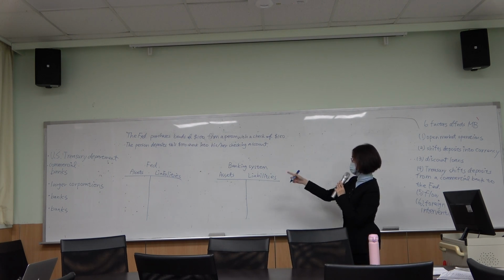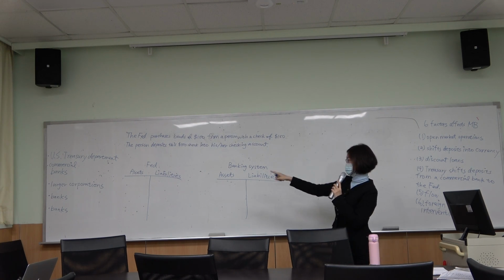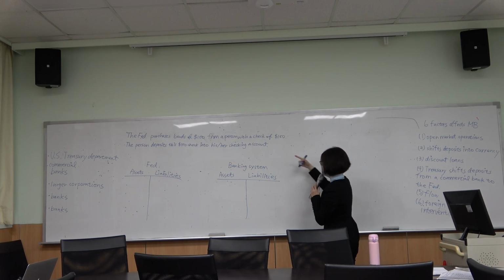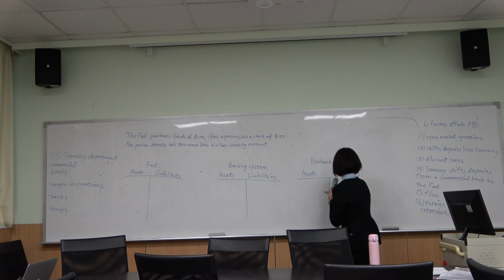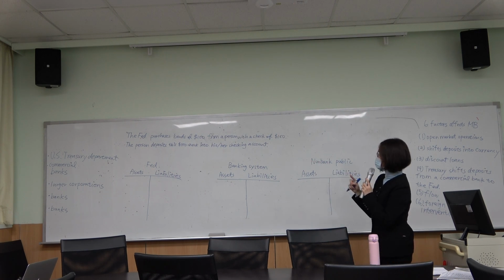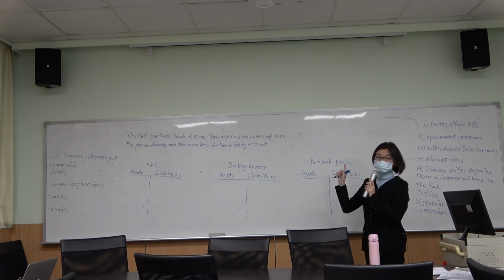Now we need to account for three parties. The first is the Fed, the second is the banking system, and the third is this person, whom we call the non-bank public. So the Fed purchases bonds of $100 from the person.